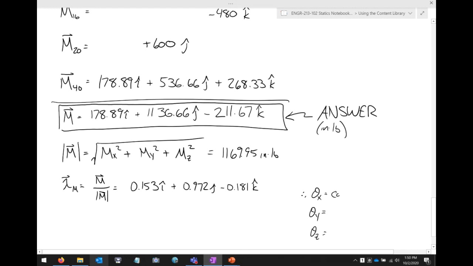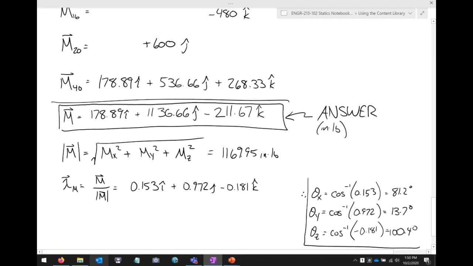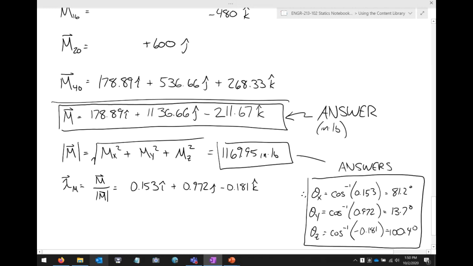And so theta x would be the inverse cosine of 0.153, which is like 81.2 degrees, and the inverse cosine of 0.972, which is 13.7 degrees, and then the inverse cosine of negative 0.181, which ends up being something like 100.4 degrees. Again, not all that difficult.